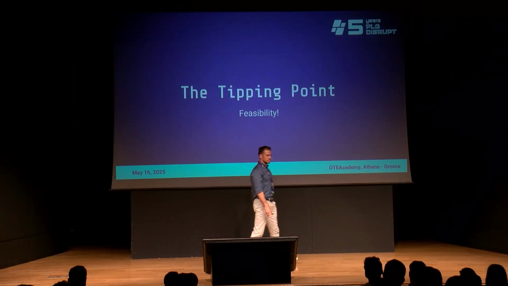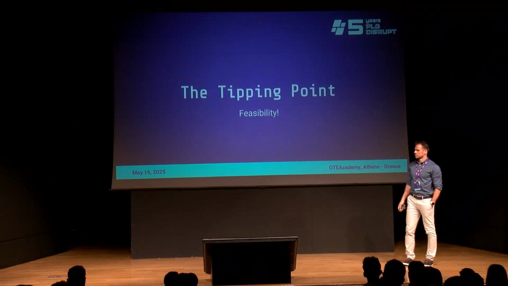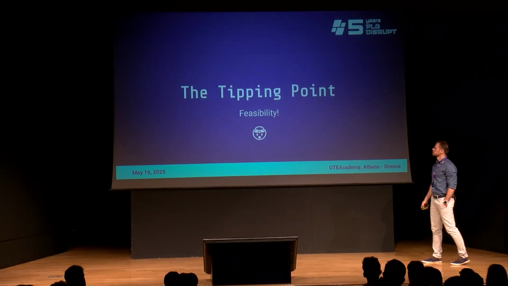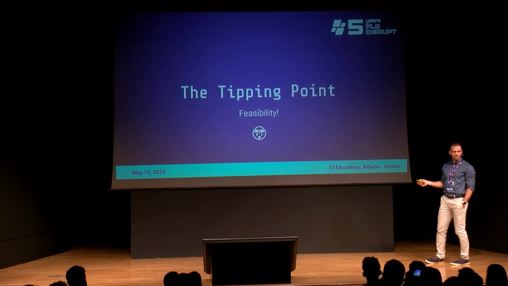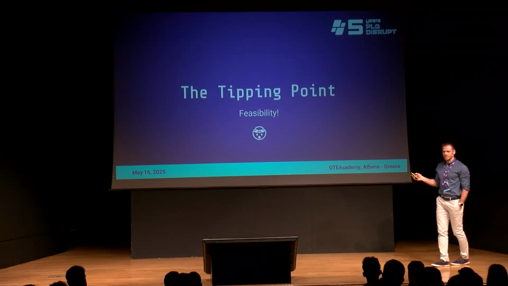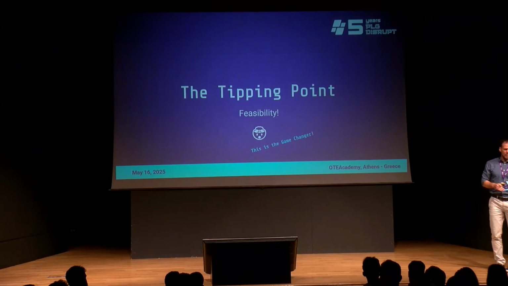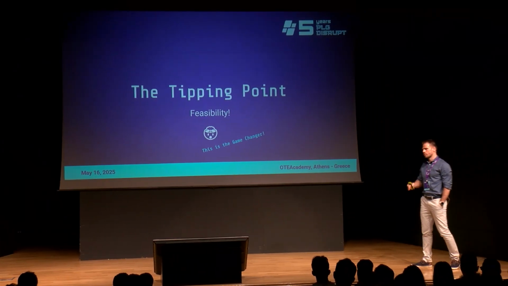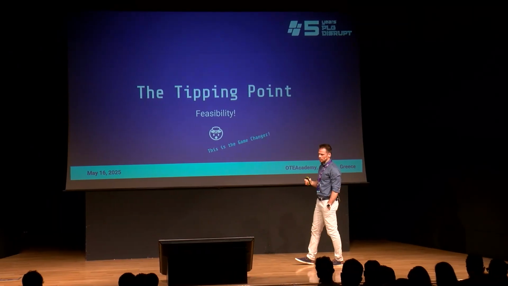This is the feasibility. This is a game changer. This is the game changer for the feasibility for AI product management, and this is where we should focus as product managers, and this is how we collaborate with every team around us.